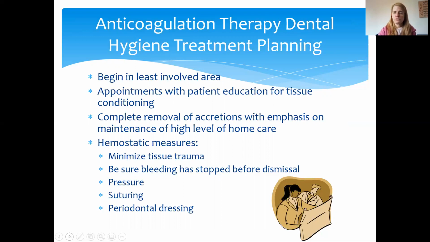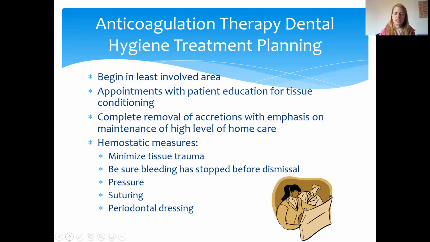We want to remove the accretions, so the plaque and the calculus, with emphasis on having them maintain a high level of home care. We want to make sure that we're not doing any tissue trauma that's going to cause any additional bleeding on top of the bleeding that they're going to have, or that's going to be increased because of being on the anticoagulant therapy.